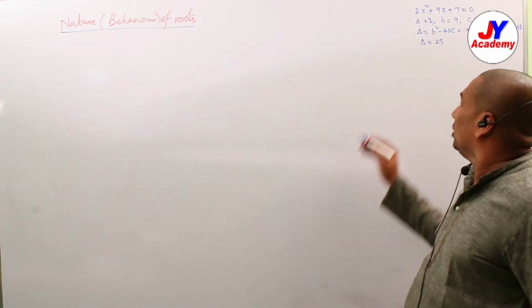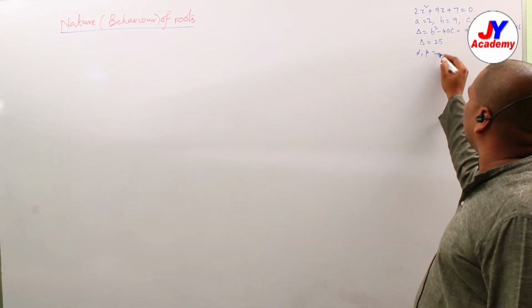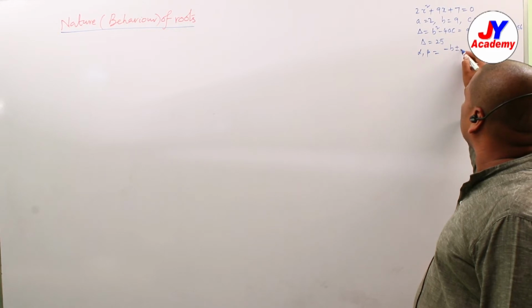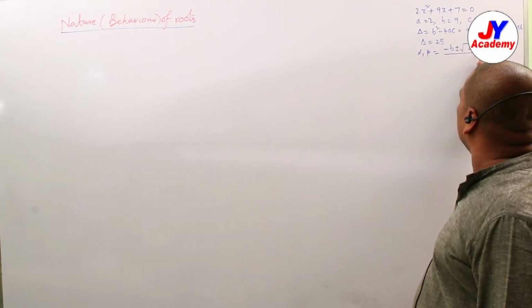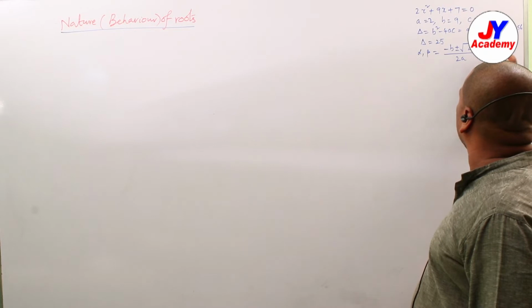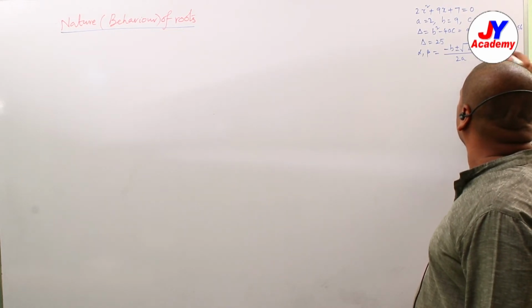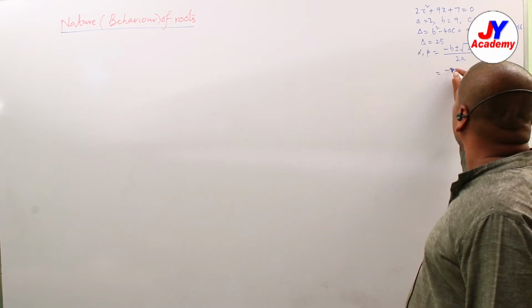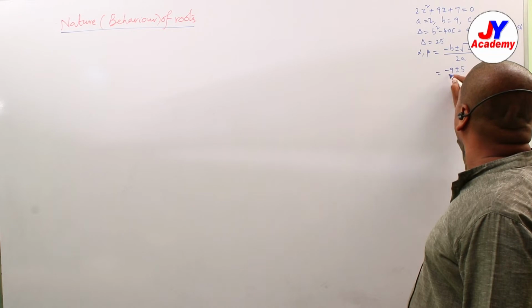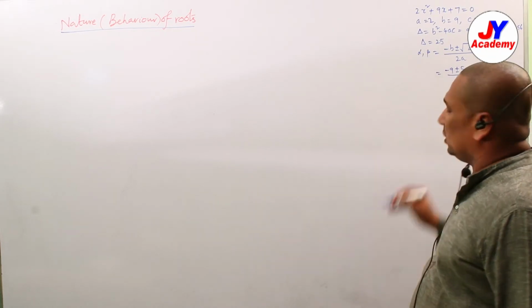So roots alpha comma beta is equal to minus b plus or minus root delta by 2a. Minus b means minus 9 plus or minus root 25 by 2 into 2. So minus 9 plus or minus 5 by 4. Now what is the difference here?